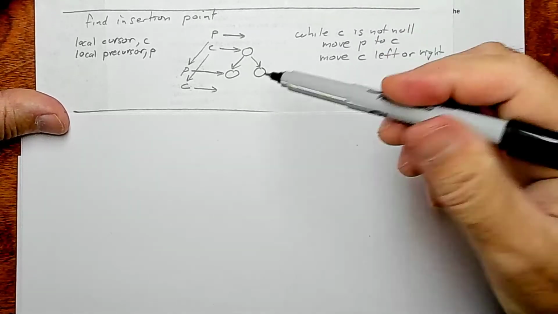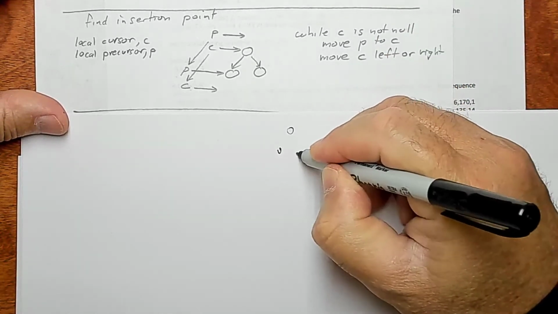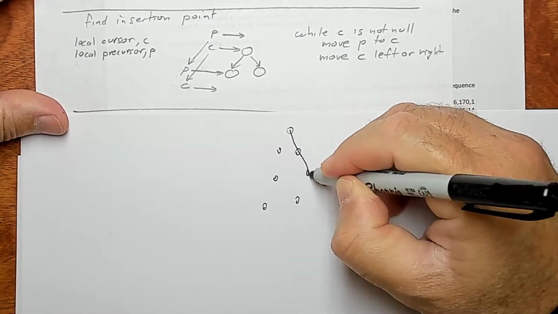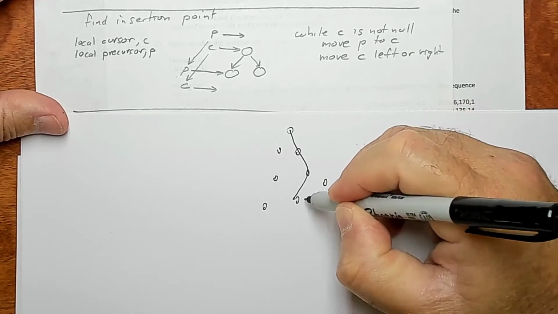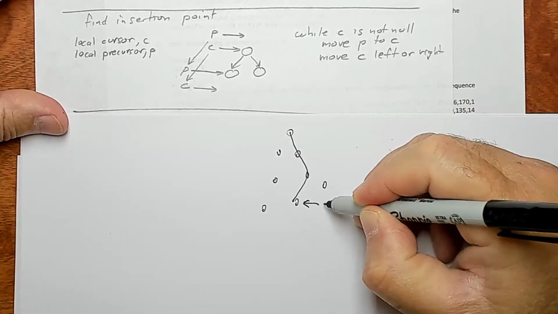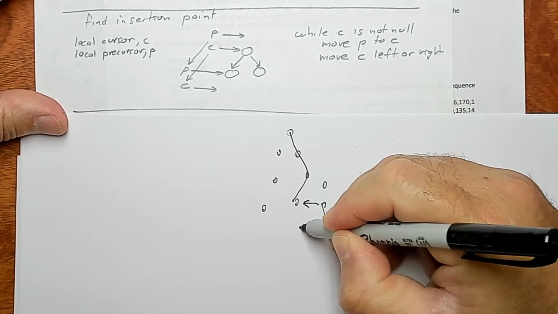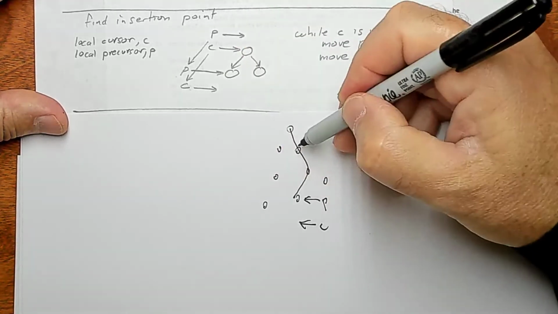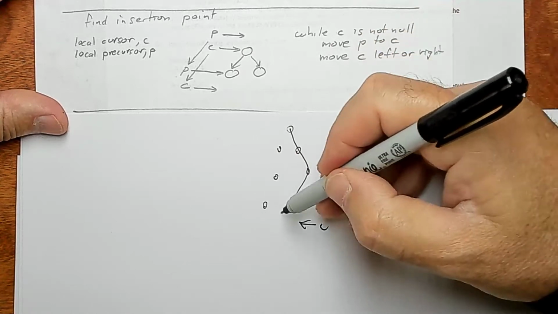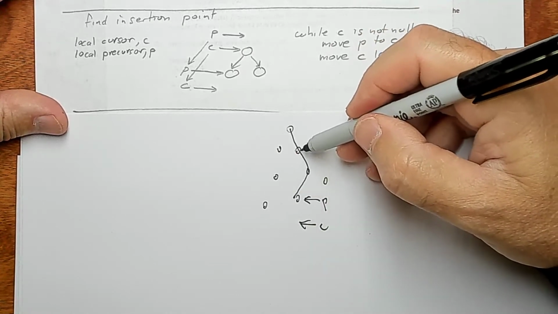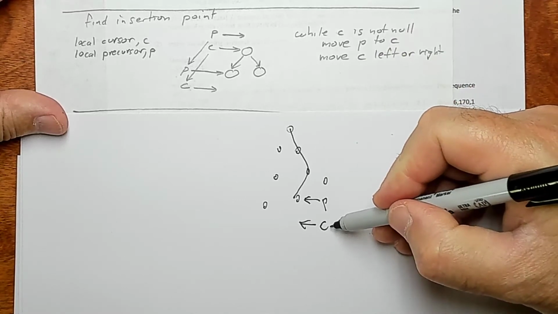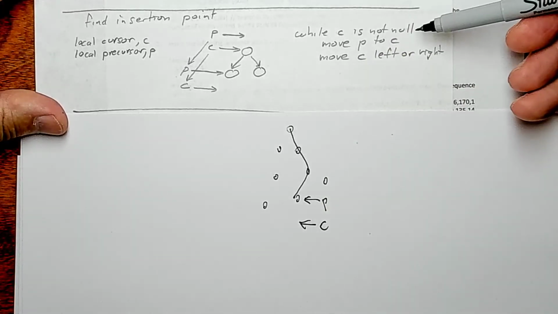Just to be clear, this could go on some crazy path down the tree, sometimes going left, sometimes going right, but at the end, P is going to be pointing to that, and C is going to be pointing to nothing. And when it stops, it'll look like this.